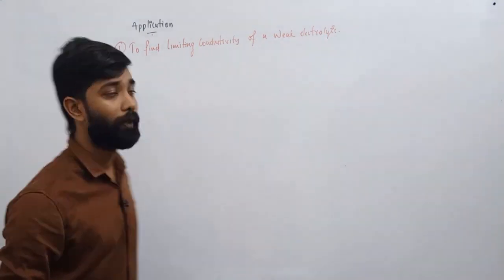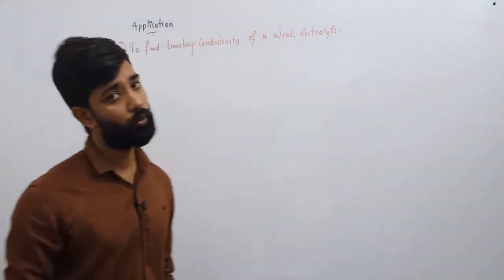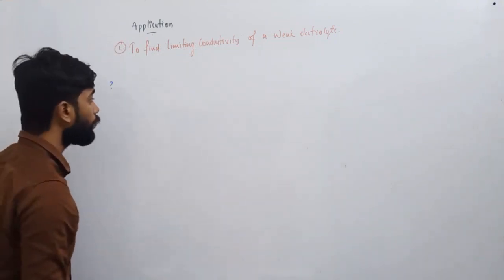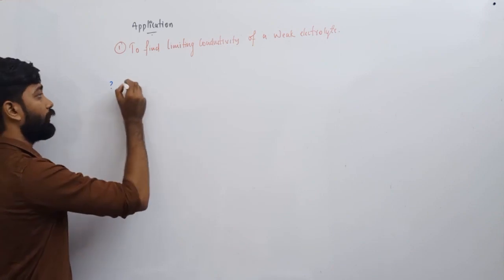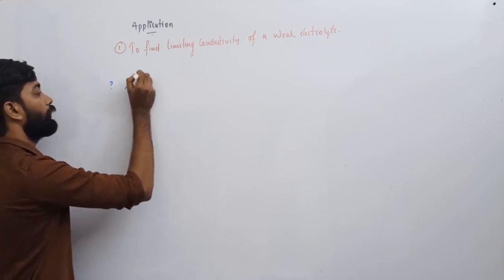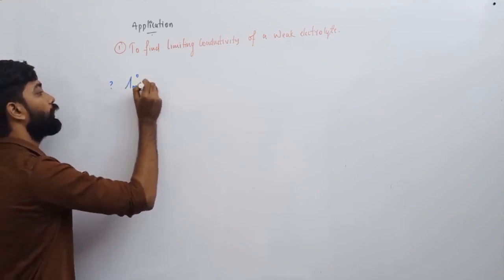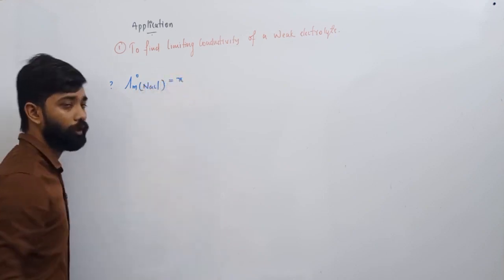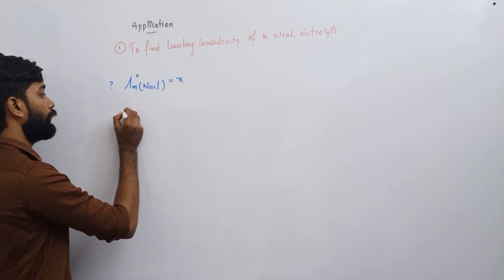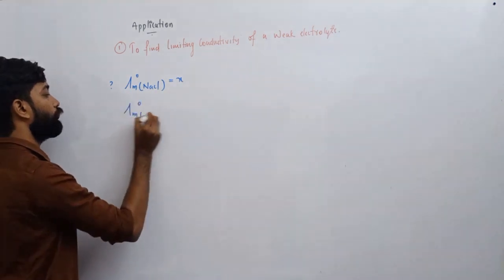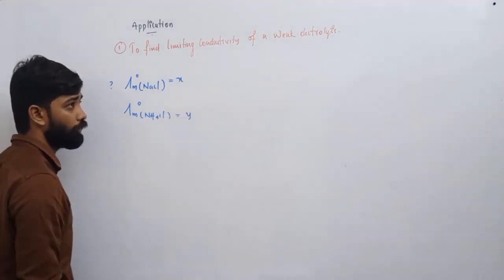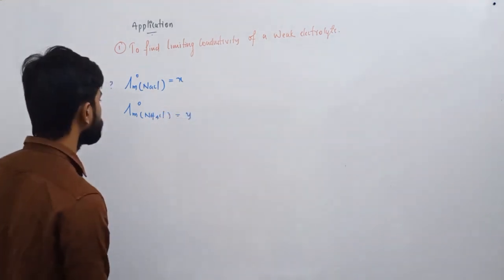And I can explain through a question or more than one question. Listen here. It is given that the limiting molar conductivity of NaCl is X. Let it be X. And the limiting molar conductivity of NH4Cl be Y. Ready? Okay.